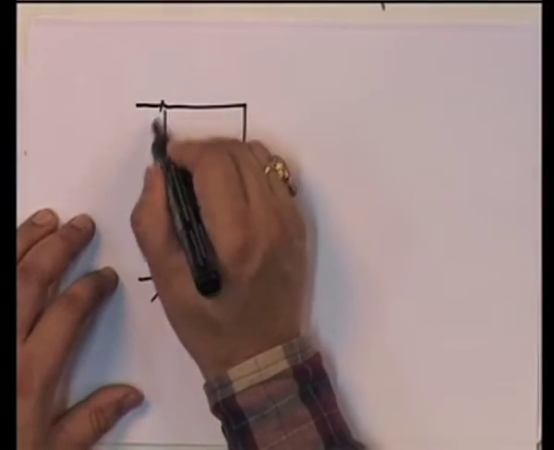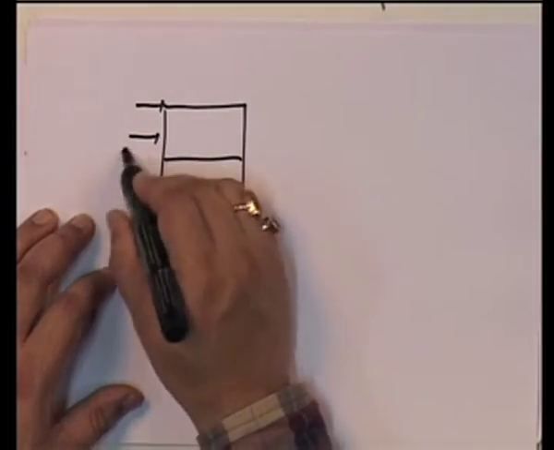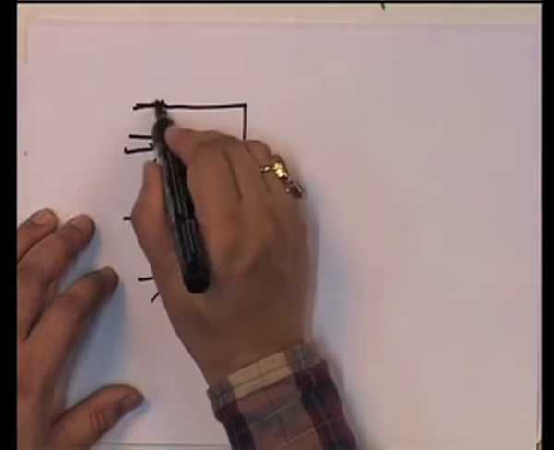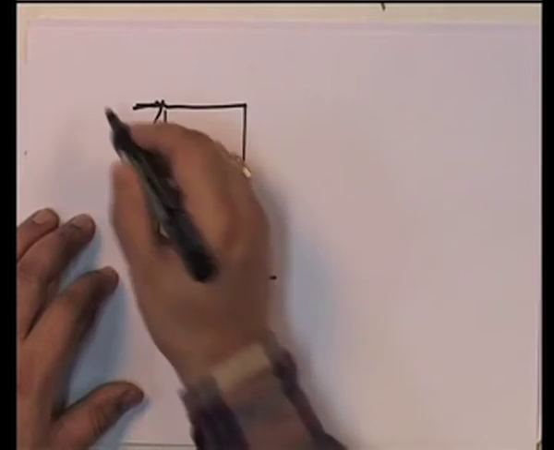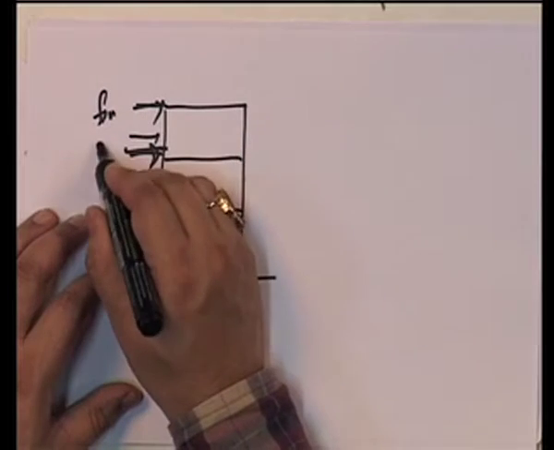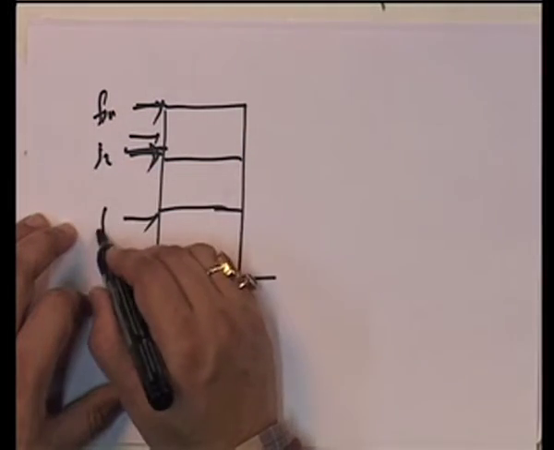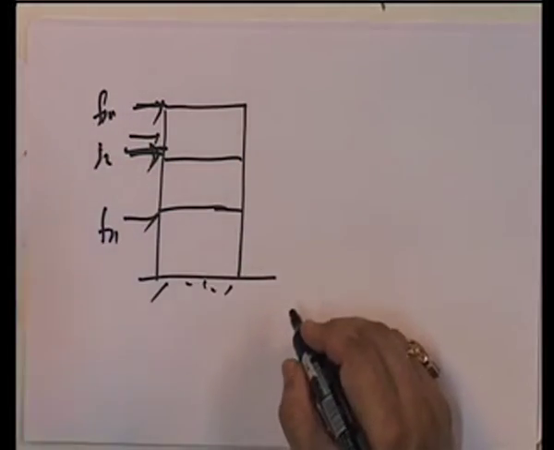So, if I were to draw this, that means in the nth mode, okay, I have this structure, and again I am just saying that I have loads corresponding to all degrees of freedom, and Fsn, Fs2, Fs1, these are the loads that I have.